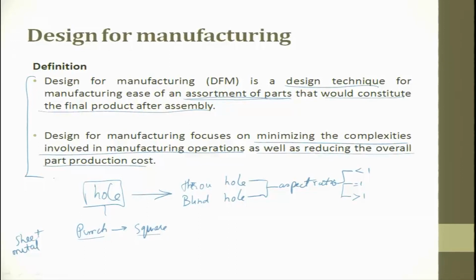So when you try to follow design for manufacturing, we try to group the operations, and once you group those operations, we try to generalize a machine. Once you start generalizing the machine, then we start producing parts in a standard manner.